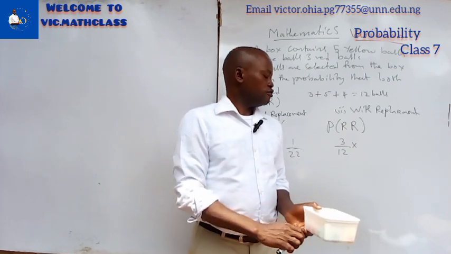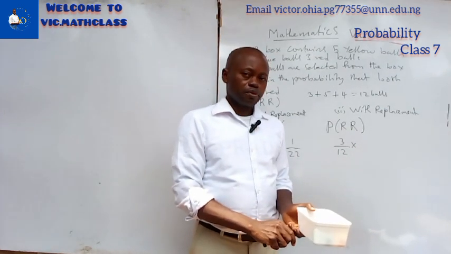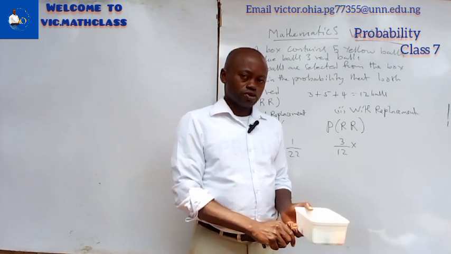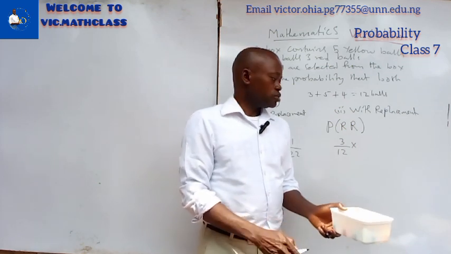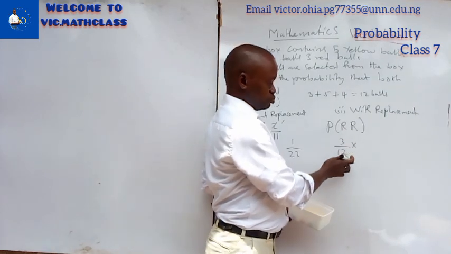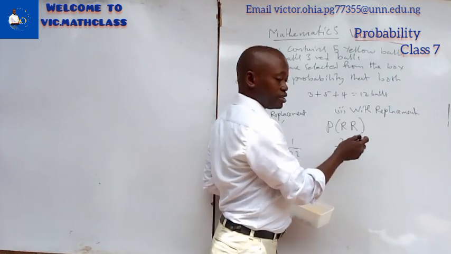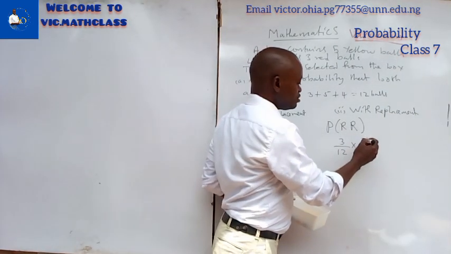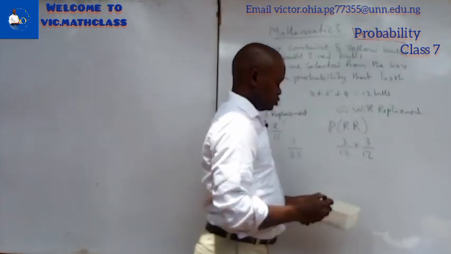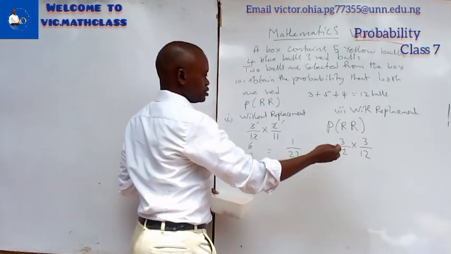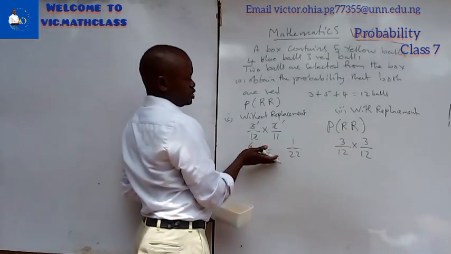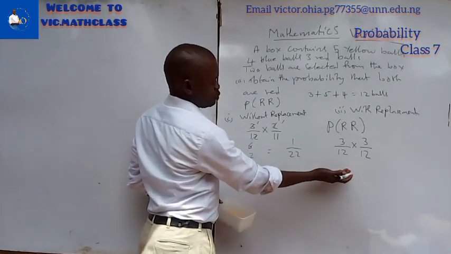So if I am to take the probability of selecting 2 balls being red with replacement, it will be the first selection being 3 over 12 times the second selection, which is still 3 over 12. I'm sure that this demonstration will clearly help us to understand without replacement and with replacement.